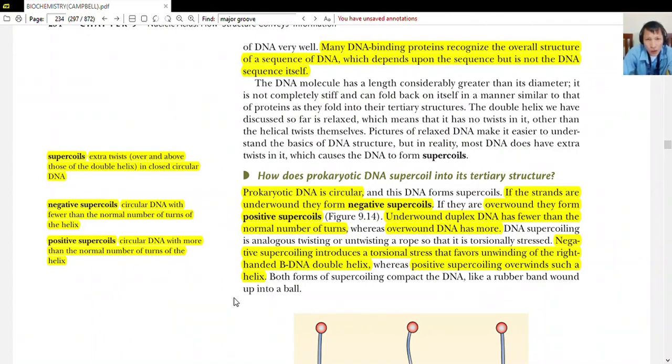We call that the lowest energy, the twist of that DNA. But if you have an extra twist, meaning there is a stress behind it, more coil than the original, stable coil, we call it a supercoil.